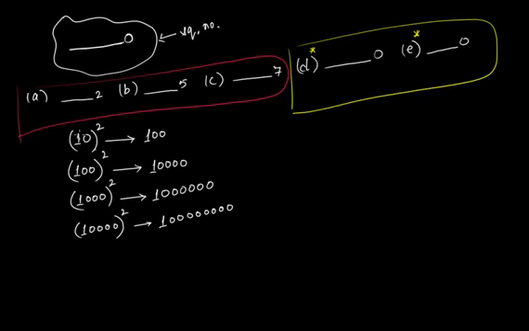So when you have 1 zero, it has 2 zeros. So we can say that the number of zeros is 2 times 1. What is this 1? This 1 is the number of zeros which is here. Now this is 4 zeros, so 2 times 2. What is this 2? This 2 is the number of zeros that we have here.